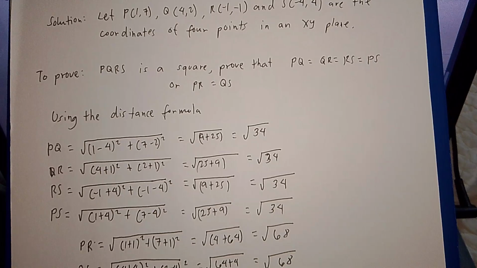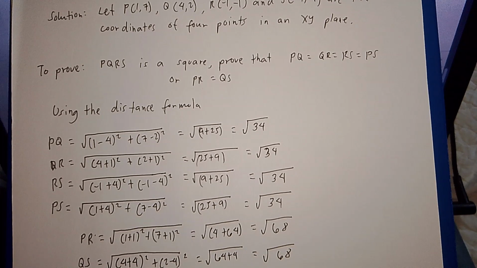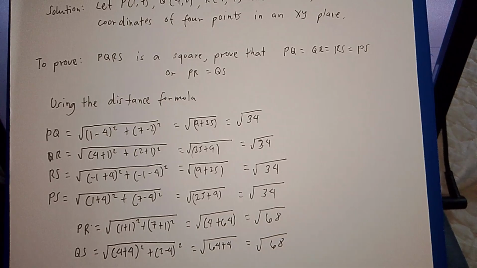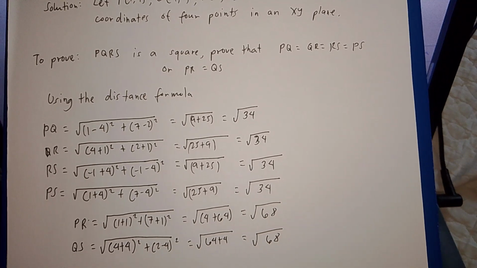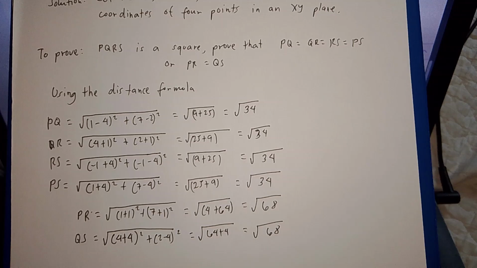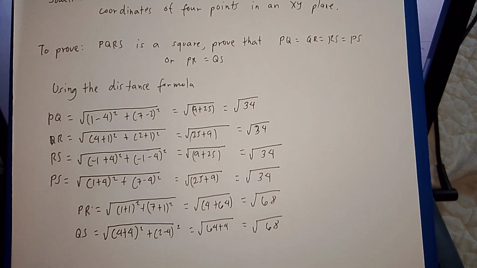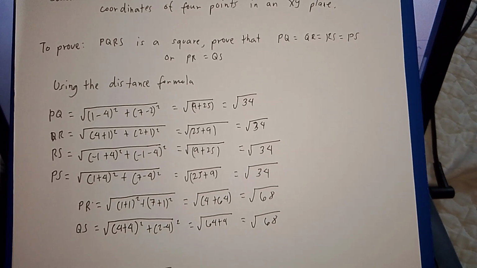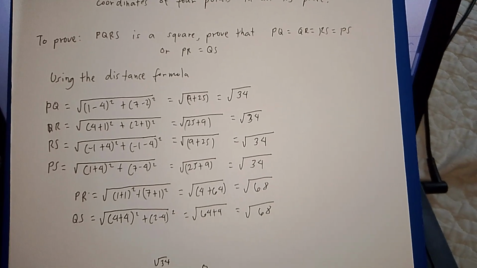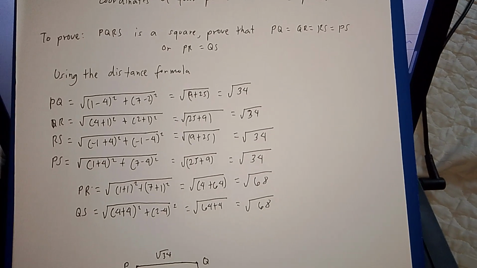So side QR is equal to negative 1 minus 4 squared plus negative 1 minus 2 squared. We combine negative 1 and negative 4, we got negative 5. Negative 1 minus 2, we got negative 3.